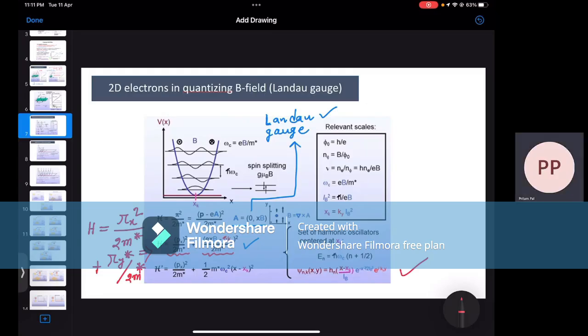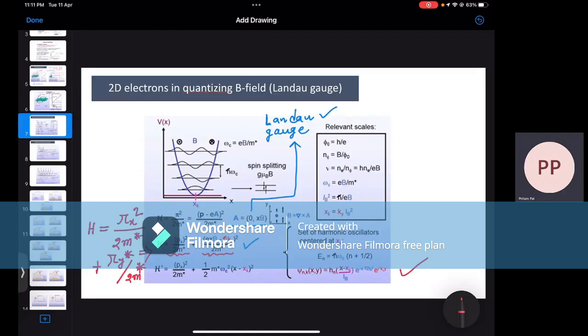You see that here, this term is just the displacement term. I'm going to call it my orbit center coordinate. This is the harmonic oscillator, and x minus this value is where the local minimum of the harmonic oscillator is. I'm going to call this coordinate x sub k, the orbit center coordinate for my harmonic oscillator.